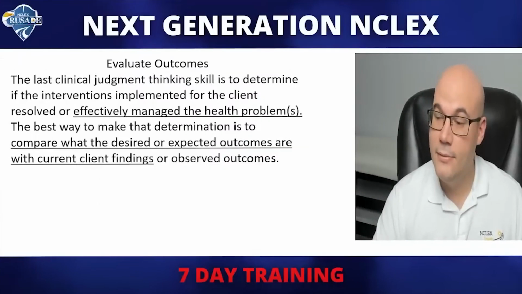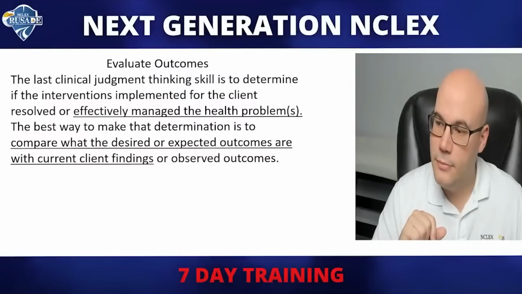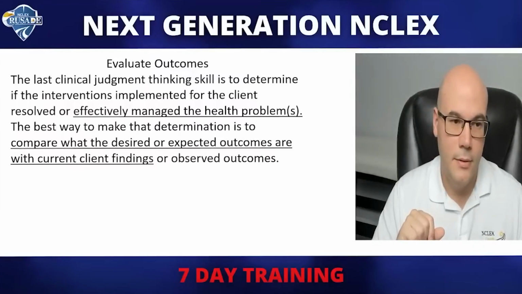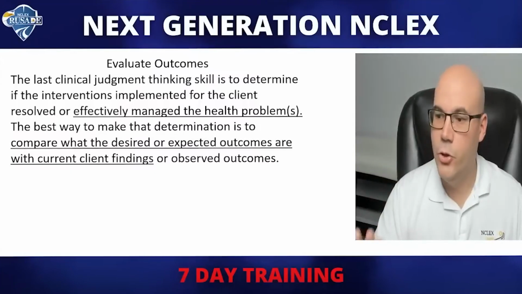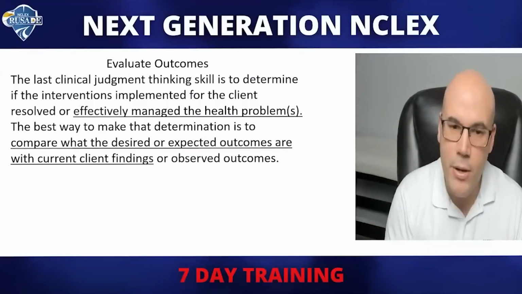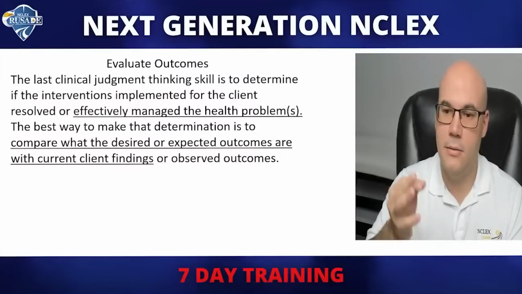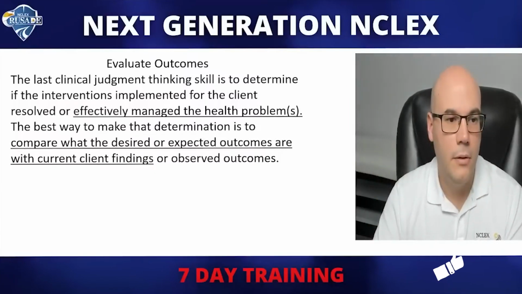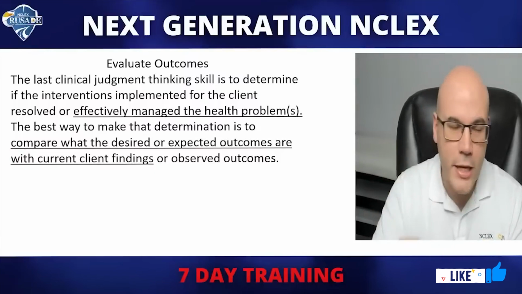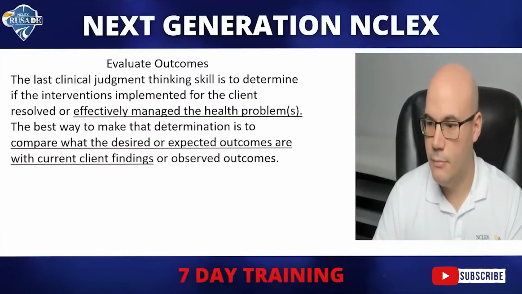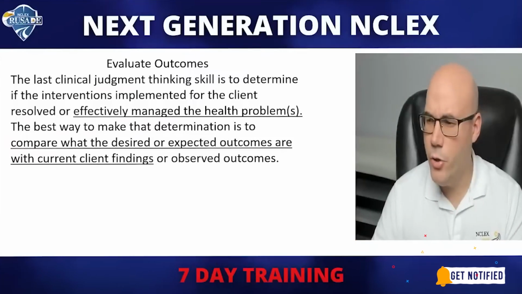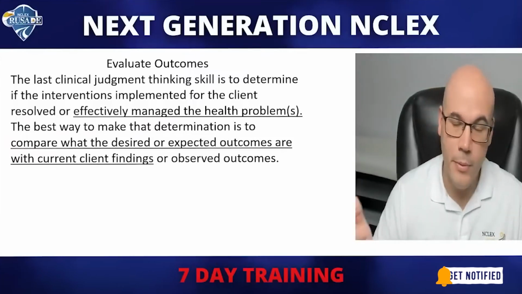And lastly, evaluation of outcomes. The last clinical judgment thinking skill is to determine if everything you did was successful, if your nursing interventions helped the patient. And how do you do that? Well, very simple.